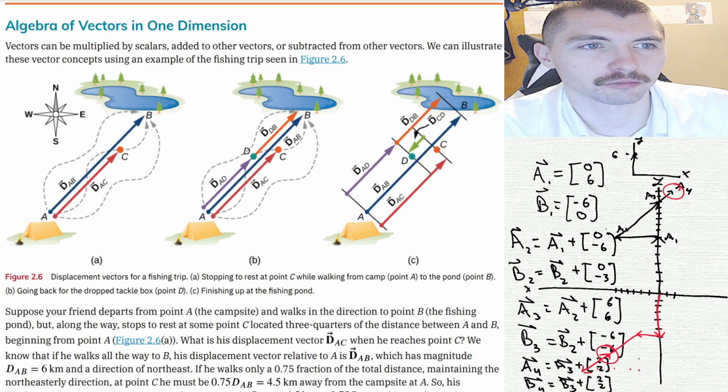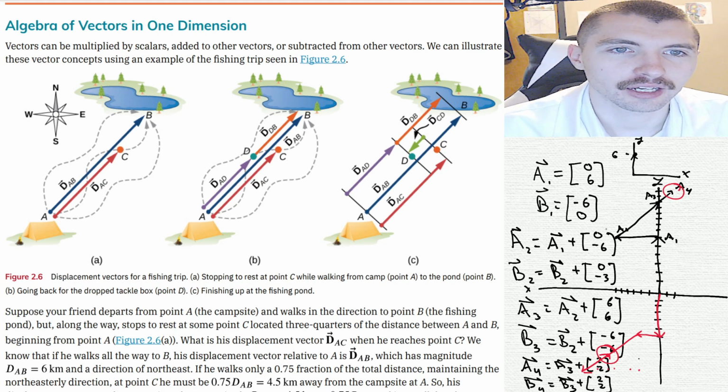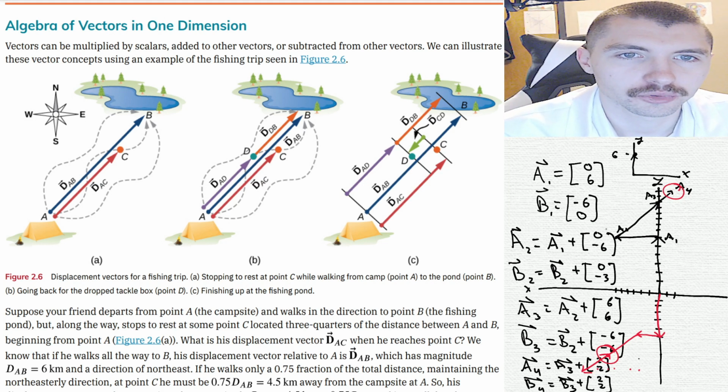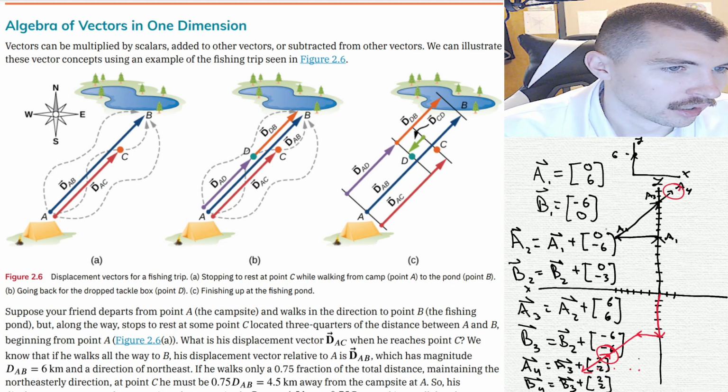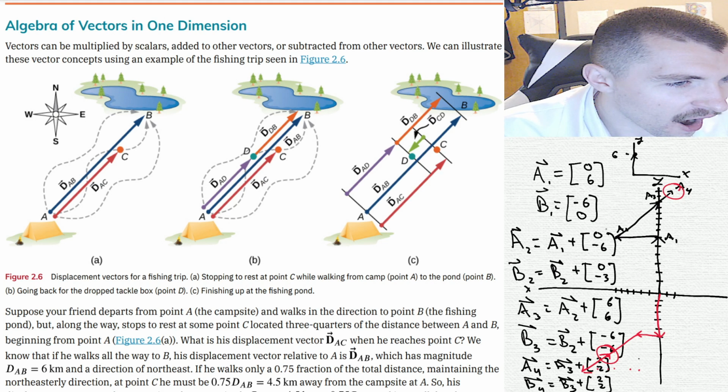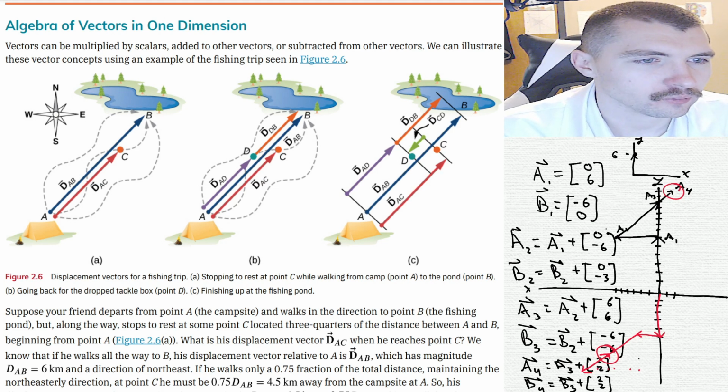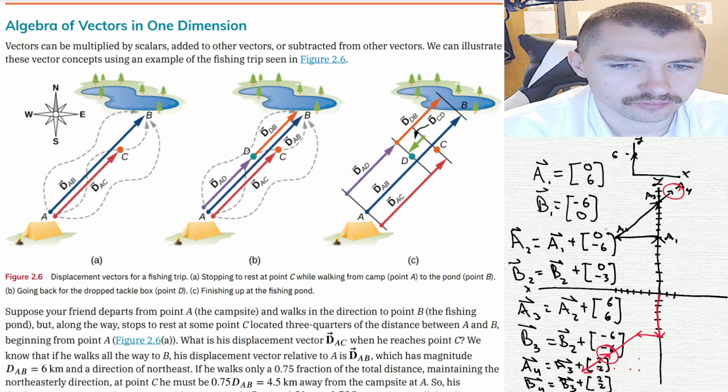Alright, so vectors can be multiplied by a scalar, added to other vectors, or subtracted from other vectors. We can illustrate these concepts using the fishing trip example. So, stopping at a rest point C. Going back for the tackle box.